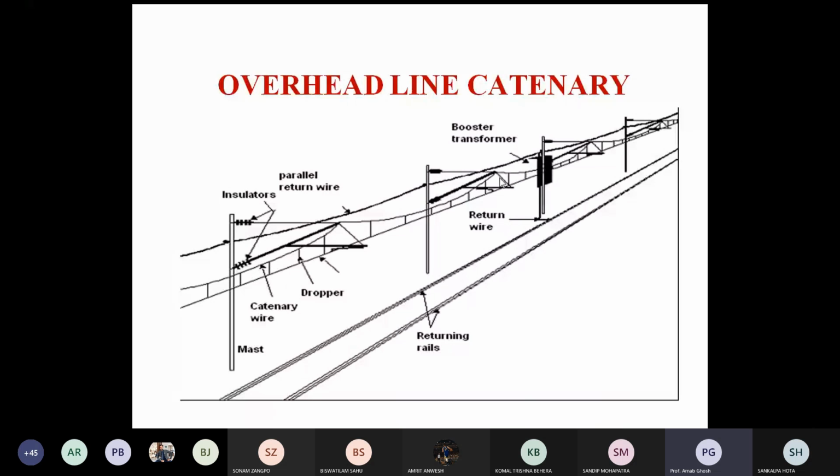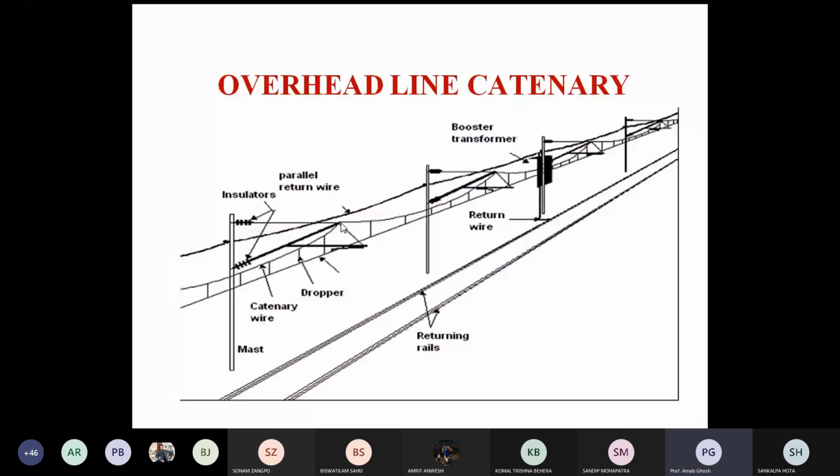You provide the electricity to the catenary wire. How do you provide the electricity to the catenary wire? Beside the railway track, if you look minutely, you can sometimes see the traction substation. Have you heard that terminology, traction substation? Has any student heard about it?